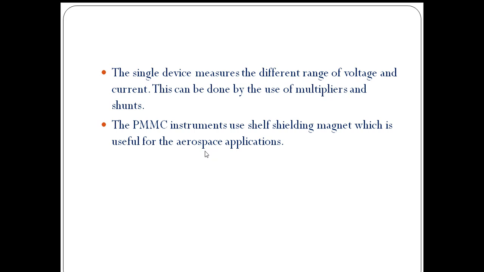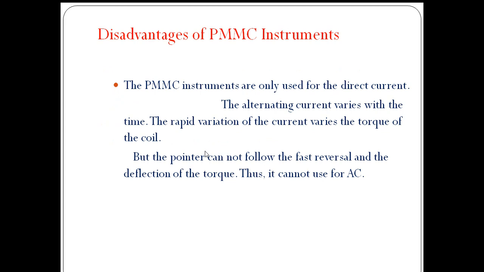PMMC instruments use a self-shielding magnet, which is useful for aerospace applications. And coming to disadvantages, PMMC instruments are only used to measure direct current, and not used for AC because alternating current varies with respect to time.